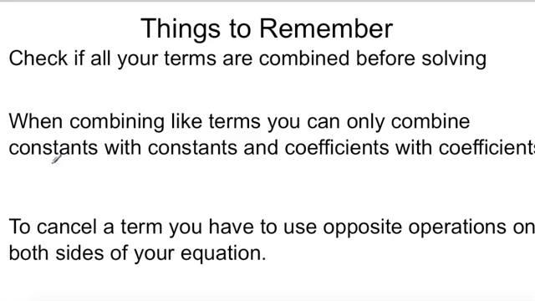So for example, if I had 6x plus 3x plus 2 equals 10 plus 3x plus 8. Again, we're not solving this, we're just combining the terms. I can only combine my x's with my x's and my constants, my just normal numbers by themselves, with themselves.